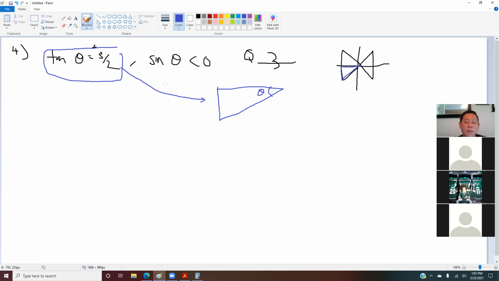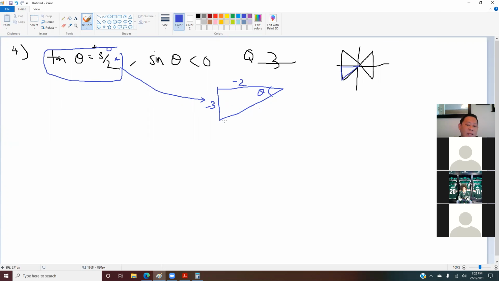Tangent theta is 3/2. Which one is 3 and which one is 2? The opposite is 3 and the adjacent is 2. But wouldn't they be negative? Very good, Alex. If you give me 3 and 2 here, you will get 1 point off in your test, because in quadrant 3, both x and y values are negative.